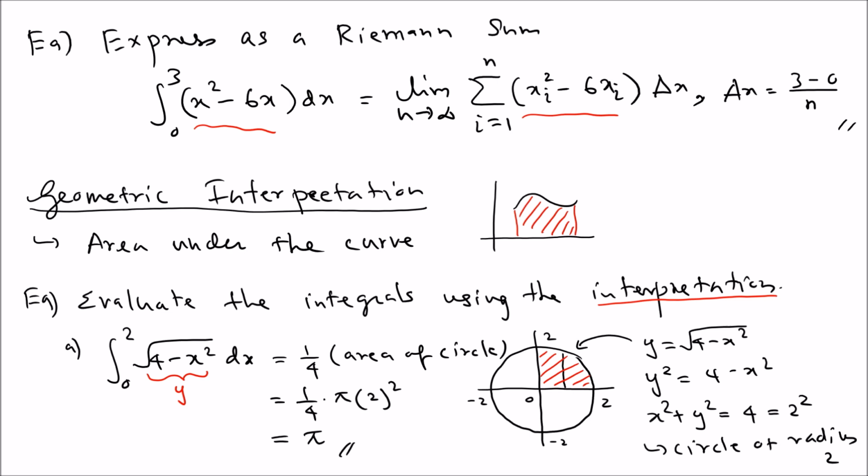Okay, let's do maybe two more examples of various types. How about this one? Let's say you have the integral from 0 to 3 of x minus 1 dx. If you have this, the same argument applies, so let's try to graph this function. It is a straight line.